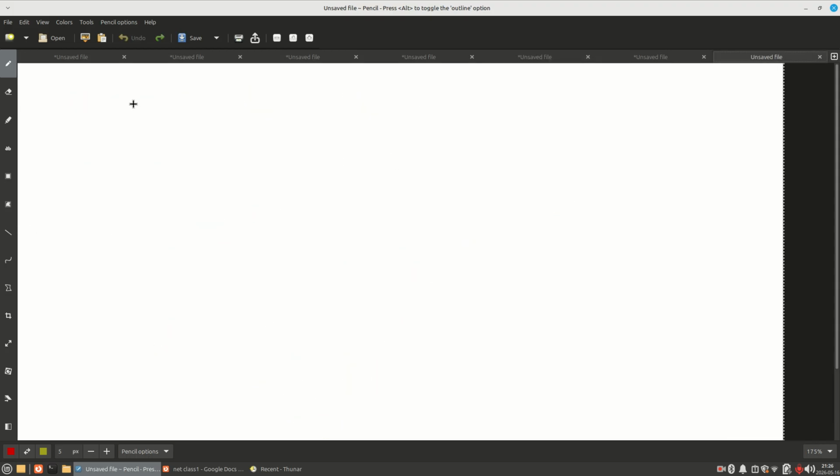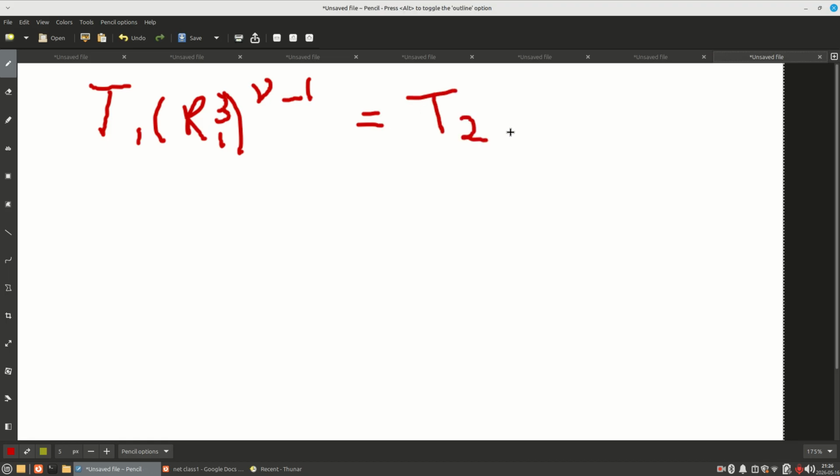So we can rewrite the equation as T1 R1 cubed, the whole power of gamma minus 1. Same here, T2 R2 cubed, the whole power of gamma minus 1.